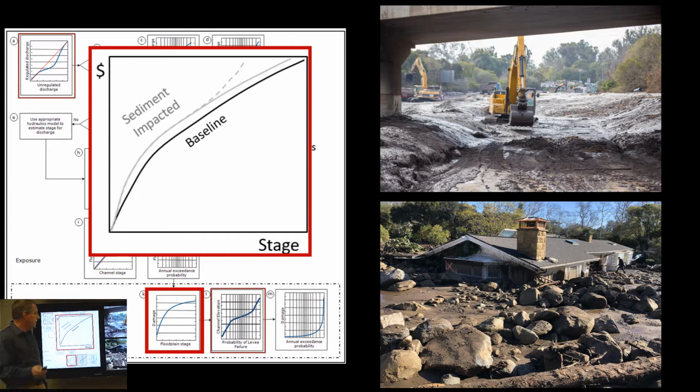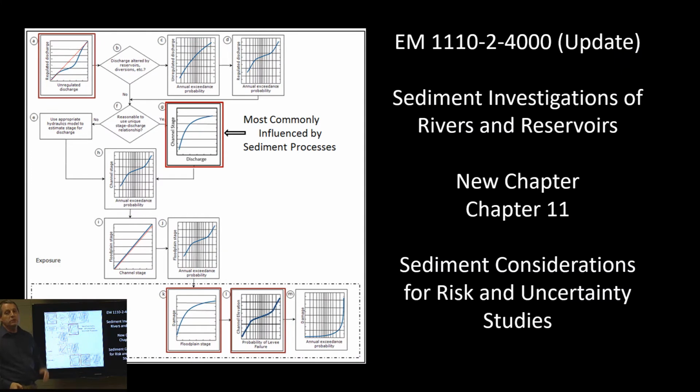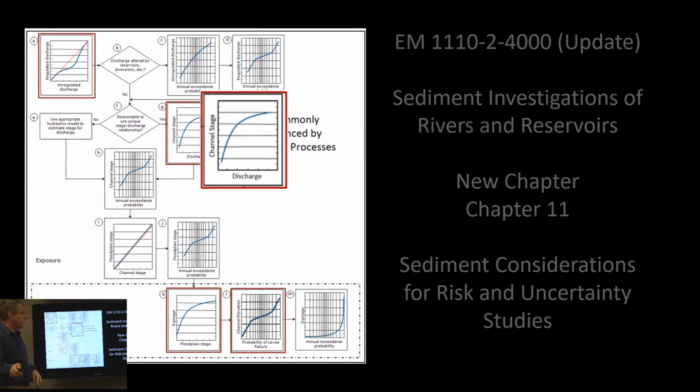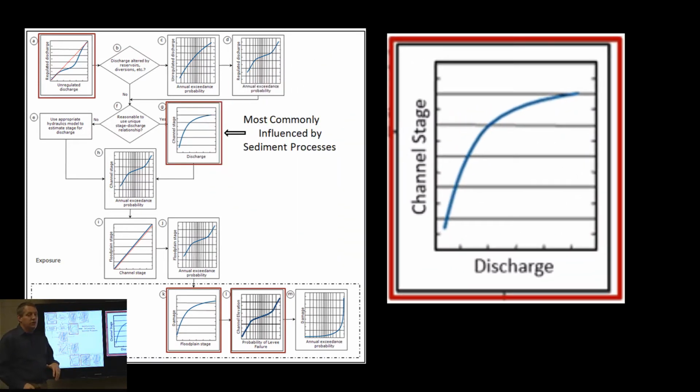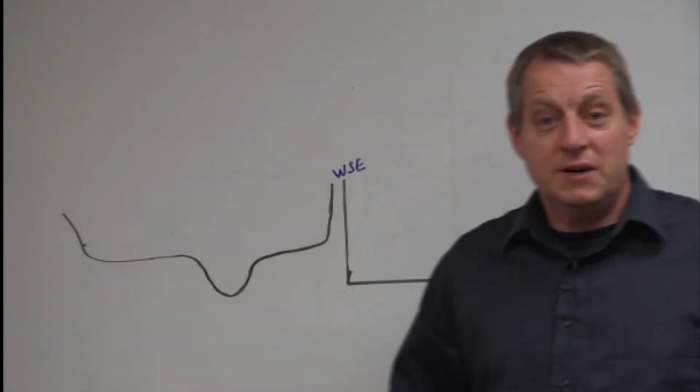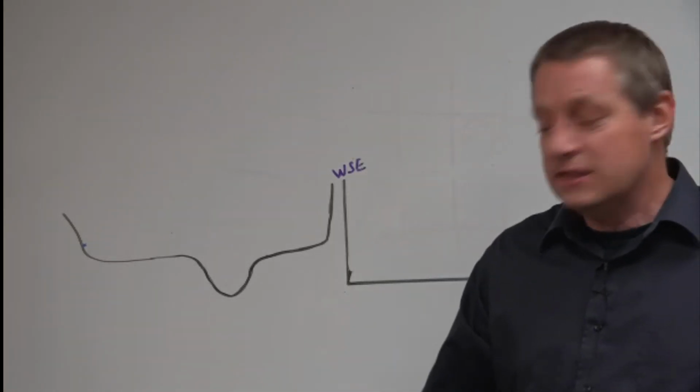All right, but by far the most common curve that's impacted by sedimentation processes is the flow stage curve. As your flow increases, your stage increases, but that relationship can be affected by sediment transport. We won't spend a lot of time on the basic curve because it's pretty intuitive.